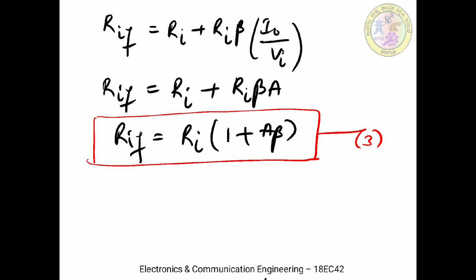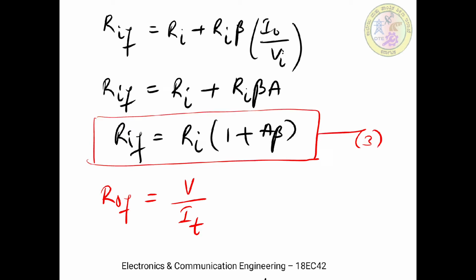Now the output resistance is defined as ROF will be equal to V by IT, where IT is the test signal that is applied, by making Vs equal to 0. So this can be understood by drawing a separate equivalent circuit, which is as shown here. To measure the output resistance, we have an equivalent representation.